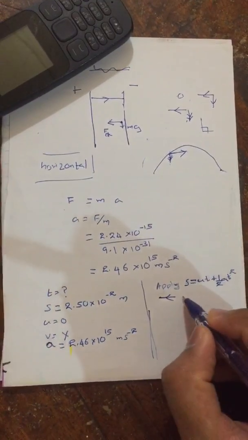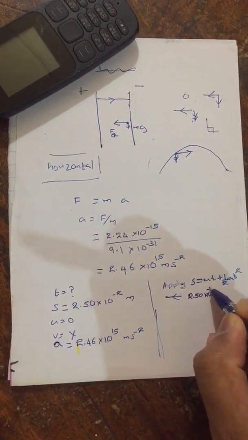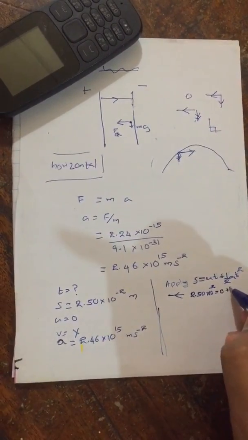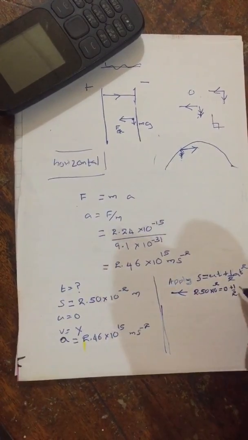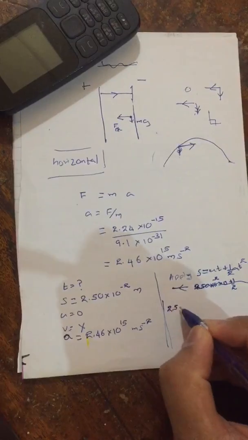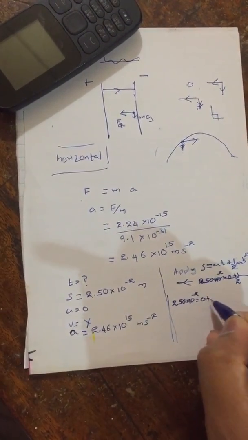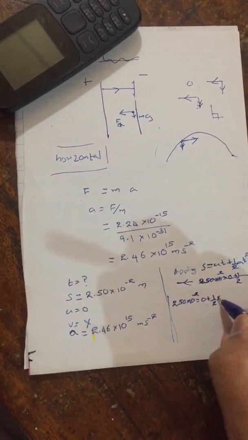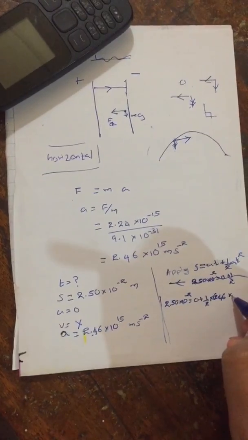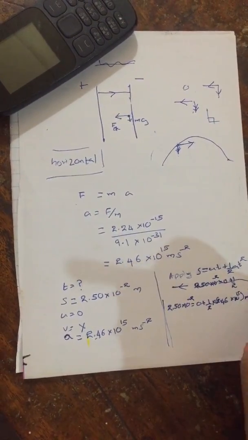So, 2.50 times 10 to the minus 2 equals, this is 0, ut plus half times A, which is this much, 2.46 times 10 to the power 15, times t squared.